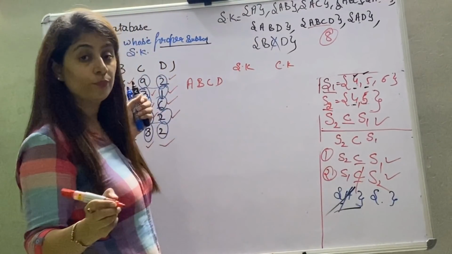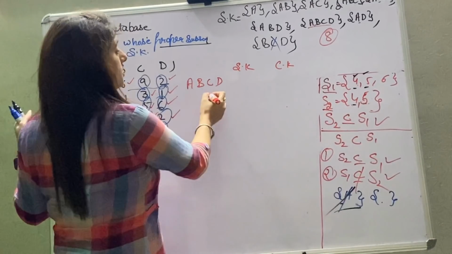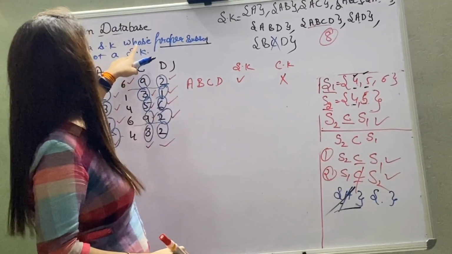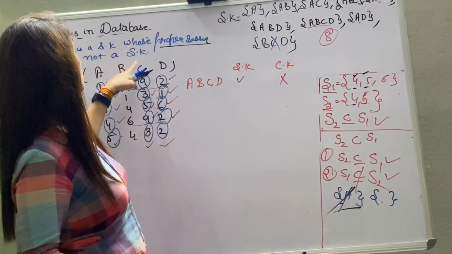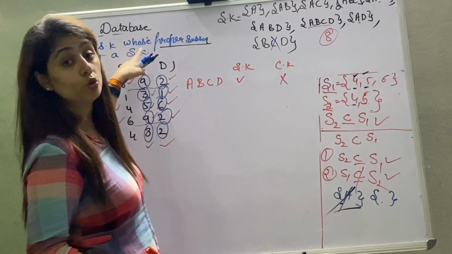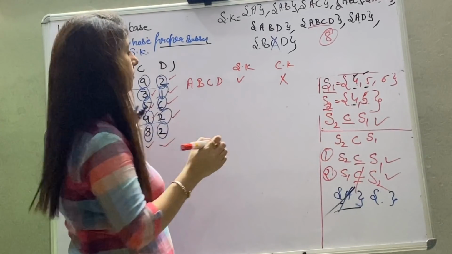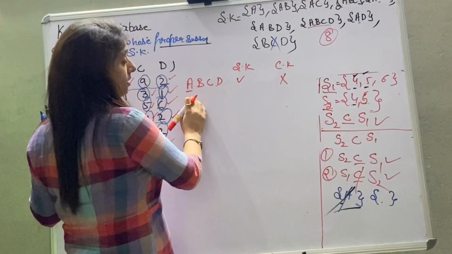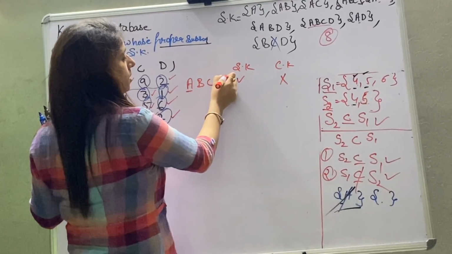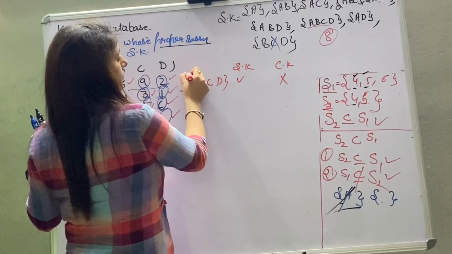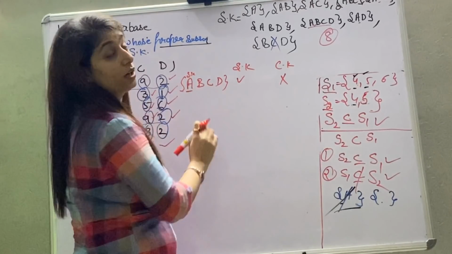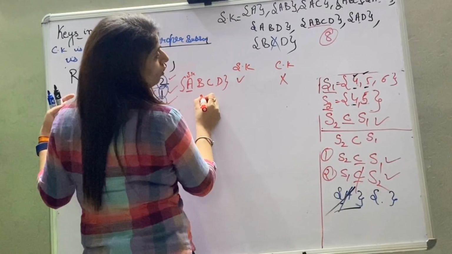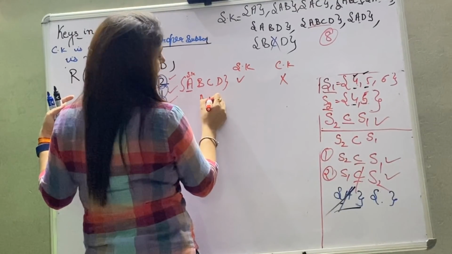This is a super key, so this cannot be the candidate key, because a candidate key is a super key whose proper subset is not a super key. Here A is a super key, so if any one of the subsets is a super key, then this cannot be the candidate key. So let's go through AB now.